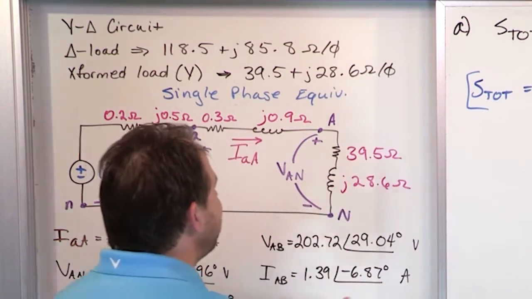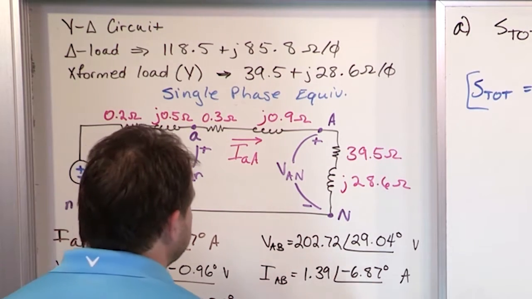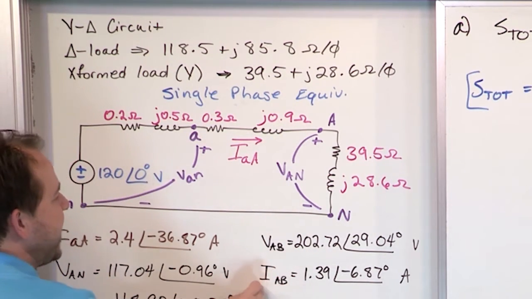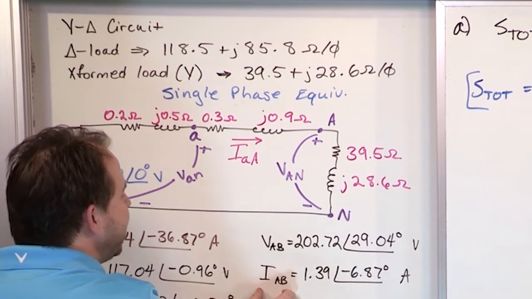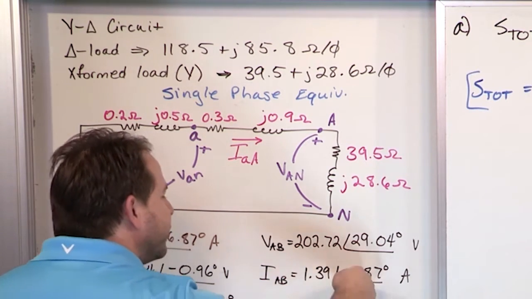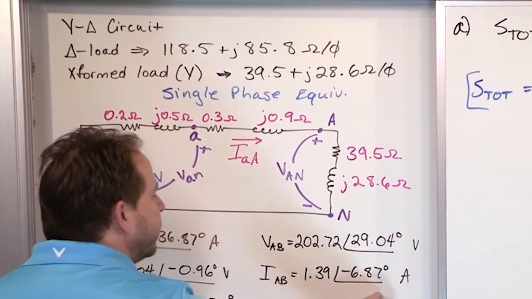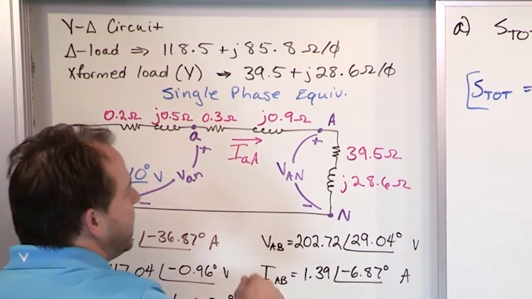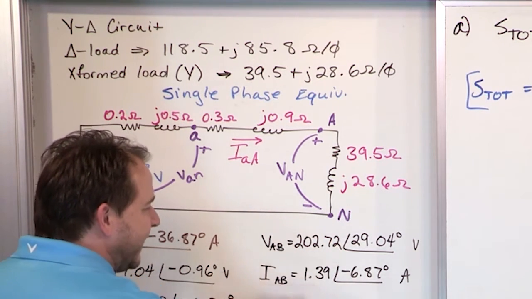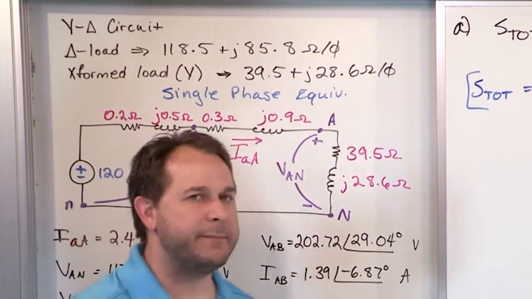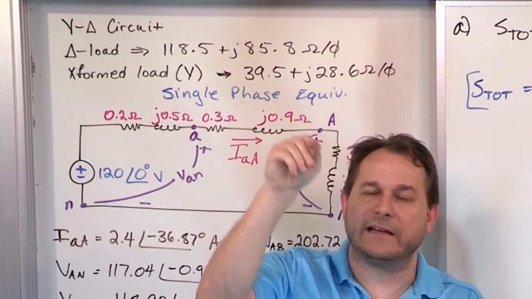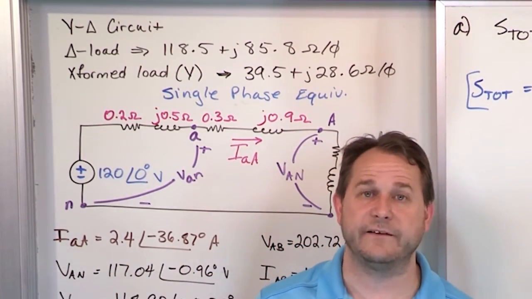So then the question is, do I have that information? Well, you go back here and you say, remember I told you what this was, IAB. That's not on the drawing here because IAB is the current going through from A to B through one leg of the triangle. And then VAB is the voltage across that leg of the triangle. This is the line-to-line voltage, but remember for a delta load, VAB, the line-to-line voltage, is the same exact thing as the phase voltage.